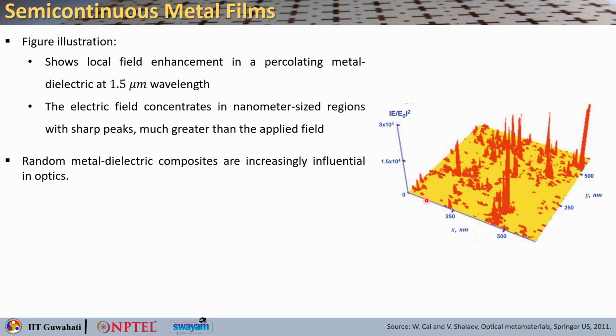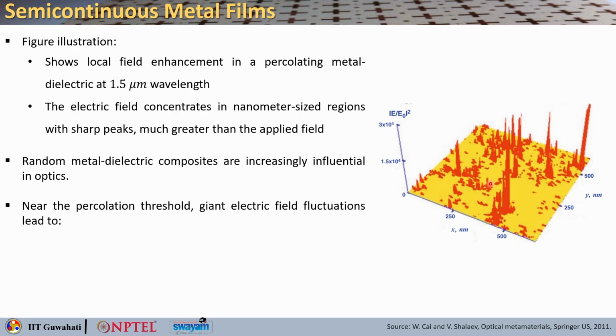So, random metal dielectric composites have had a growing impact in various fields of optics because of these extraordinary features. What we have seen is that near the percolation threshold, giant electric field fluctuations happen, and that can lead to significant enhancement of nonlinear optical effects, which has a lot of applications.